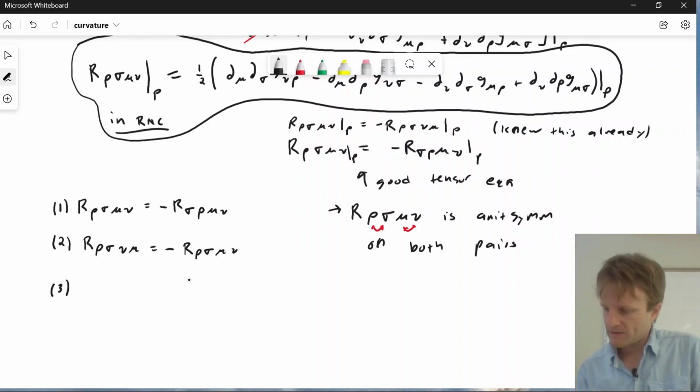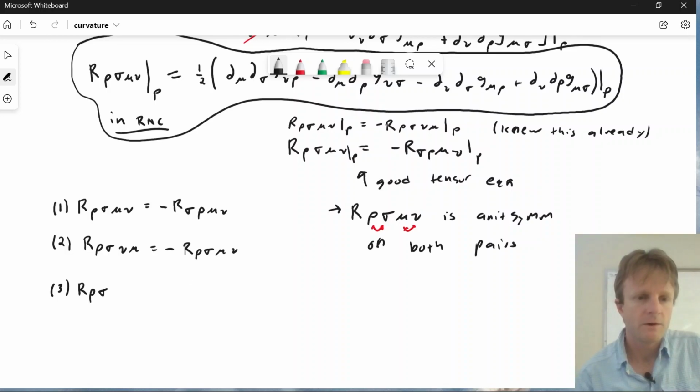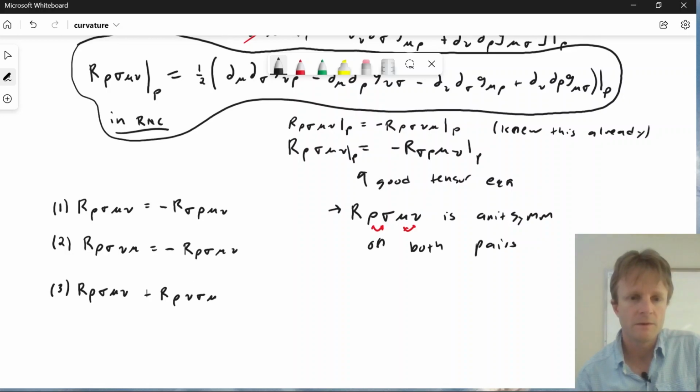The claim is that if you do cyclic permutations on the last three indices, they will add up to 0. So R rho sigma mu nu plus R, and then we keep rho the same, but we do cyclic permutation, so let's move them all over one. Nu sigma mu plus R rho, and the last cyclic permutation, we move them over again.